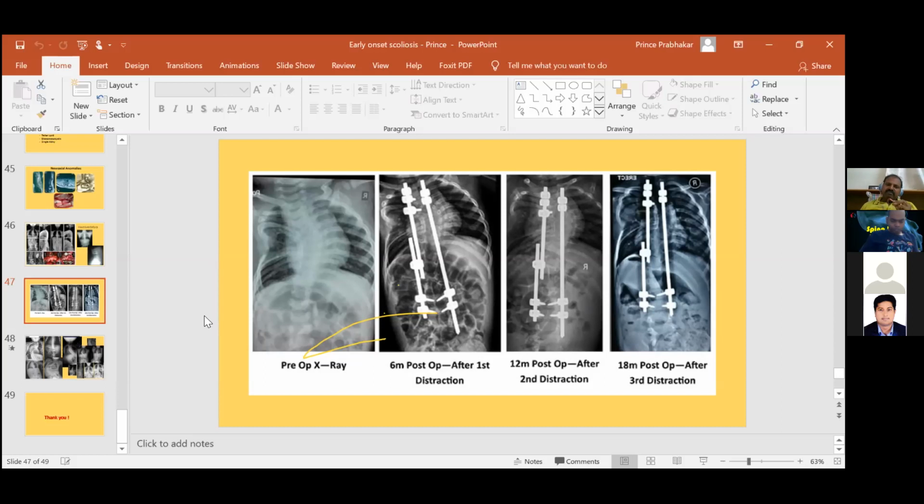But still, distraction devices are taking over. If you ask a group of people who are doing early onset scoliosis, 50 to 60% of them go for growth rods or distraction techniques first, because they know that they are able to achieve the distraction at the thoracic level to get the thoracic lung volume.